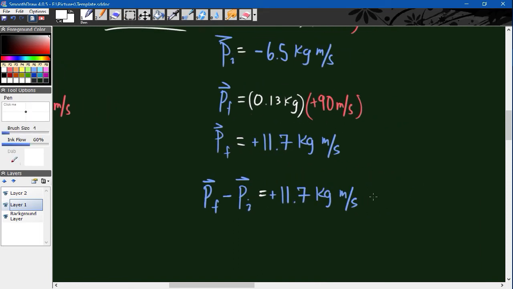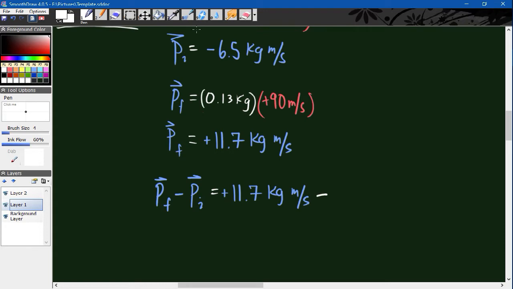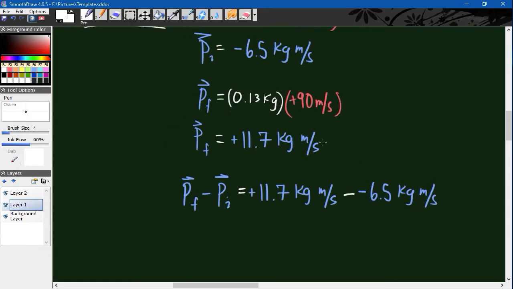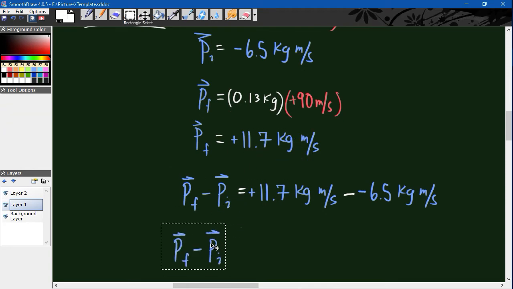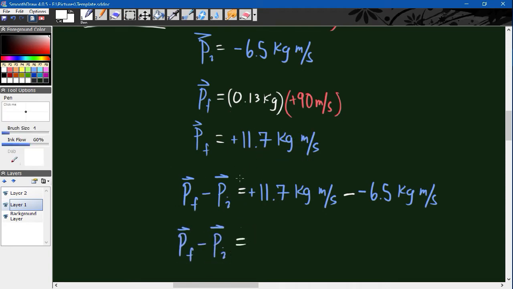Then we subtract negative 6.5 kilogram meters per second. The impulse should be 11.7 plus 6.5, which is 18.2, in the same units, of course.